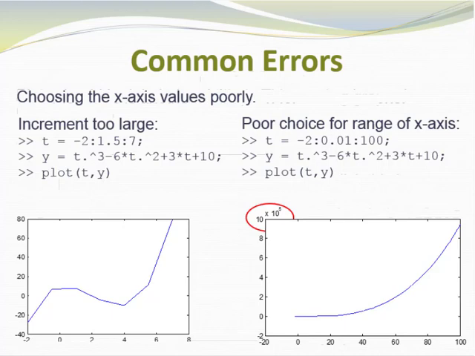Because if you go all the way out to t equal to 100 and you plug that into that polynomial equation, the y value at t equal to 100 is close to 1,000,000. So all the fine detail in the plot disappears. How do you know how to pick the x-axis values? A lot of times you're just going to have to experiment. See what the plot looks like, change your values, change your increment, change your range, and see how your plot changes and decide based on that.